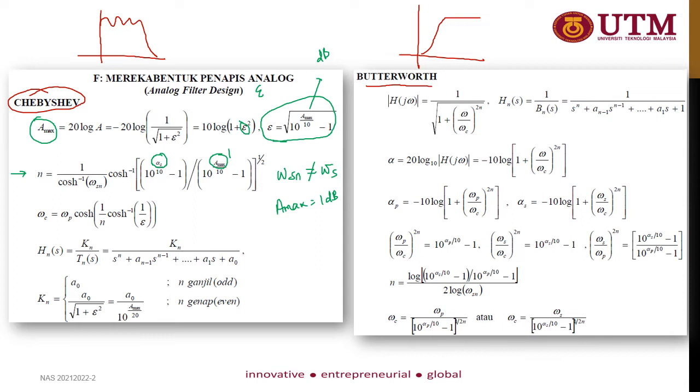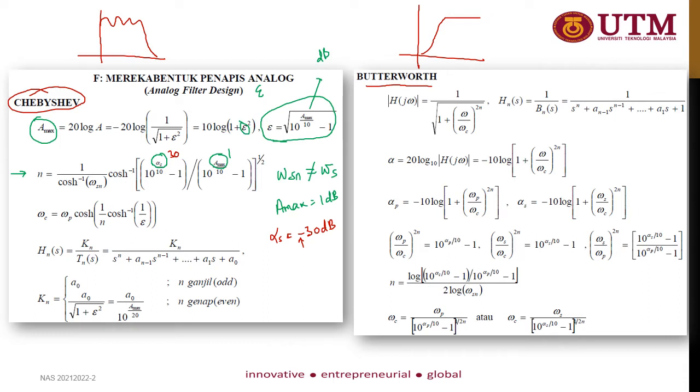You don't have to convert these dB values into linear. Same goes to alpha S. If alpha S is, for example, minus 30 dB, you just put in 30 in here. You don't have to consider the negative, and also you don't have to convert into linear values. So please make sure you put all parameters in dB values.